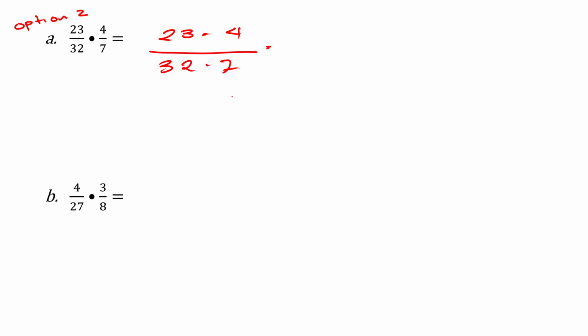So 23, can we factor 23? No. So we leave it as is, okay? 4 is 2 times 2.